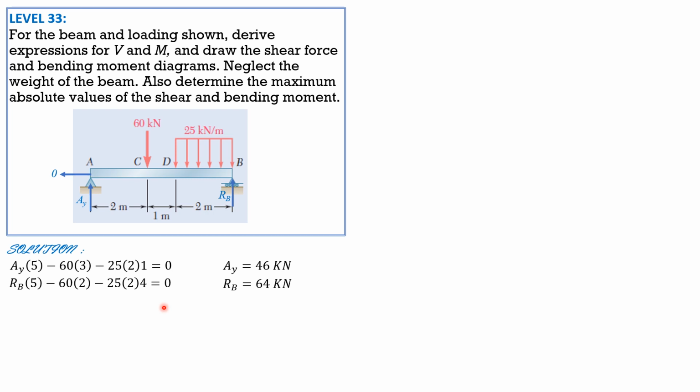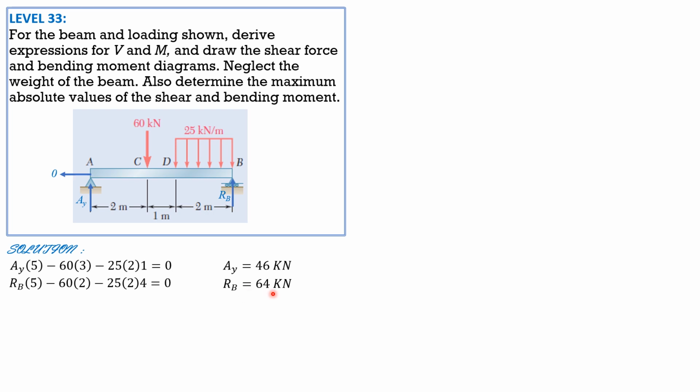You notice that I always compute reactions by taking moments about a point. I'm not using summation of vertical forces immediately, because if one reaction is wrong and you sum up vertical forces, the other would also be wrong.